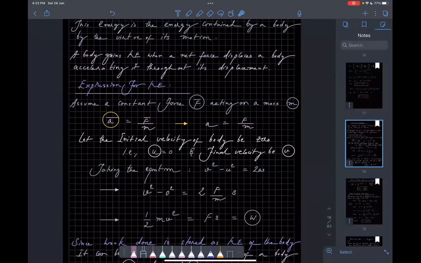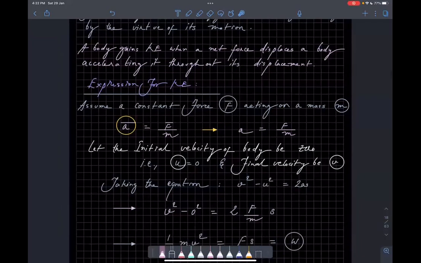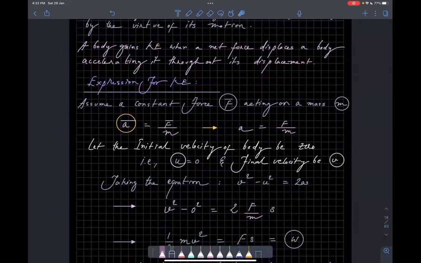If the force is constant, the equations of motion are valid: v equals u plus at, s equals ut plus half at square, and v square minus u square equals 2as. Now we'll assume a case where the force is constant, so acceleration will be f by m. Do you agree? So the magnitude of acceleration equals the magnitude of force by mass.